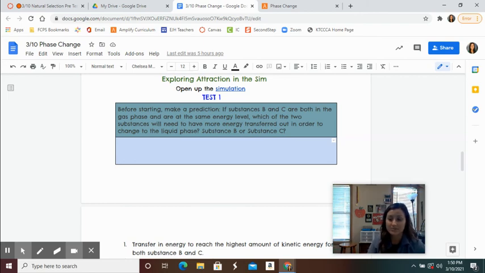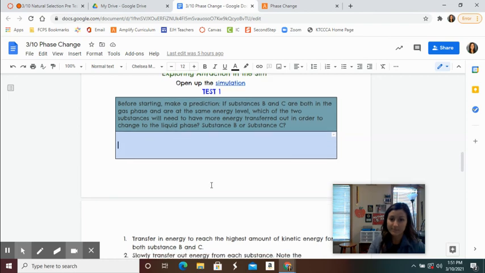And remember that directly relates with temperature too. So if something is getting colder, we know that we're taking that energy and transferring it out. If something's getting warmer, we know we're taking that energy in. So you're going to make a prediction if substance B or C is going to need more energy transferred out.